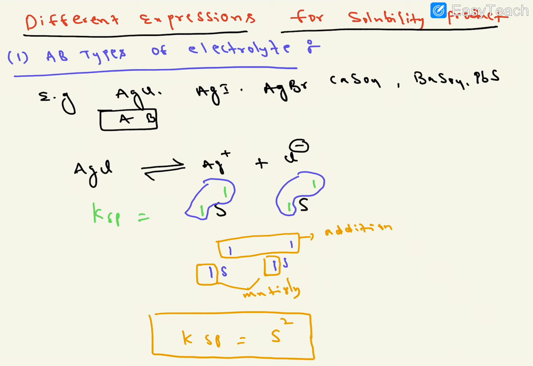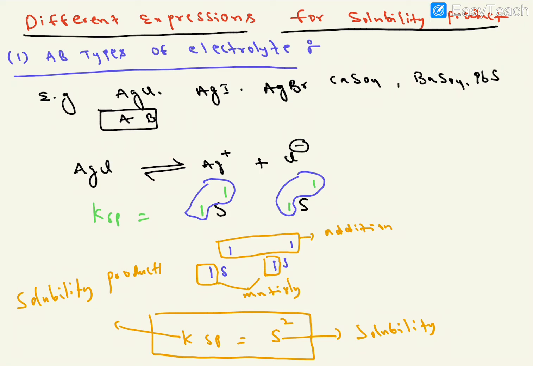So we got the solubility product. What about solubility? This is called KSP, and this small S is simply called the solubility, right?